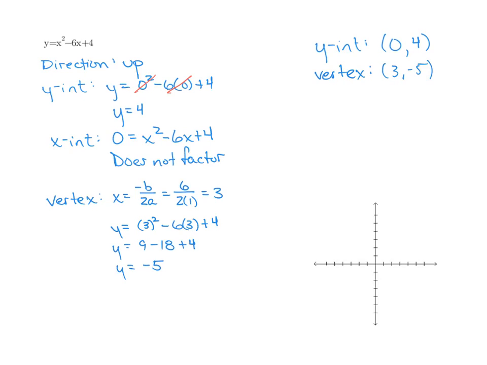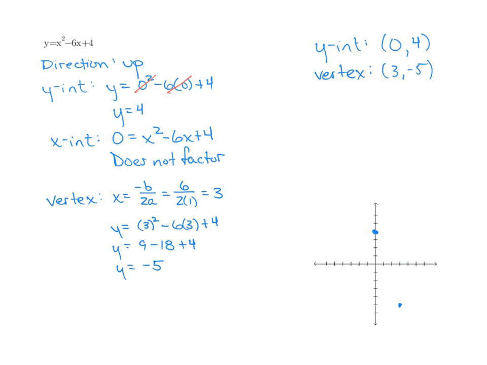Okay, so let's go ahead and graph what we have so far. 0, 4, this is going to be up on the y-axis. 3, negative 5 will be 3 to the right and 5 down. Now, we do have an issue here.